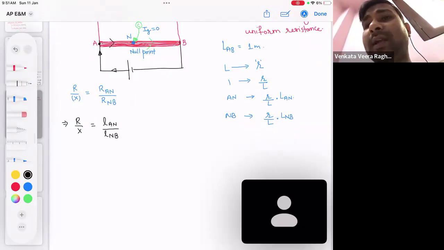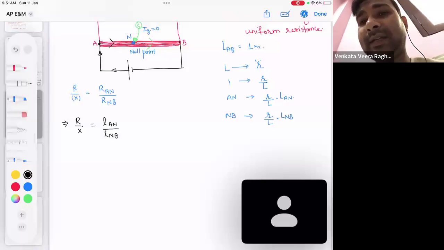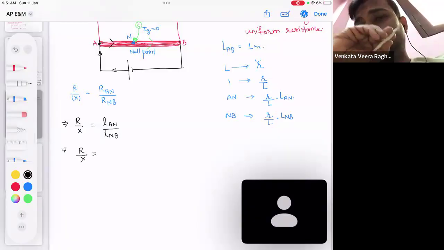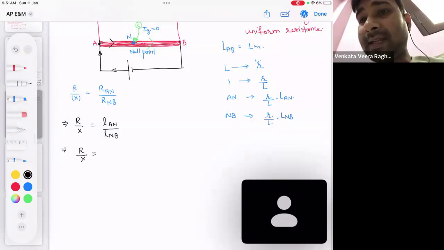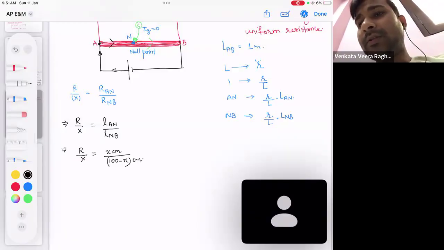Generally this total AB is 1 meter, which means 100 centimeter. So you can also write R by X equals, let's say AN length is X centimeter, so NB length will become 100 minus X centimeter. Understood?